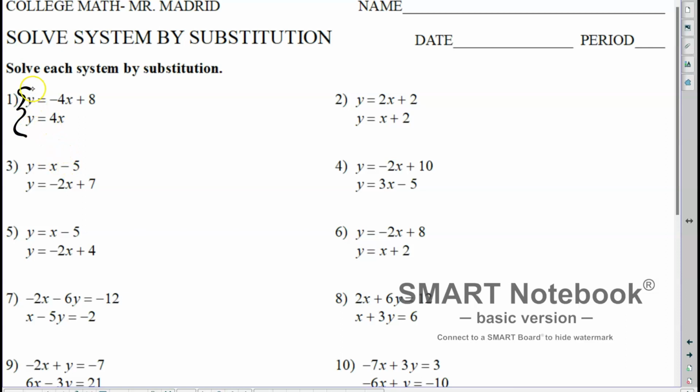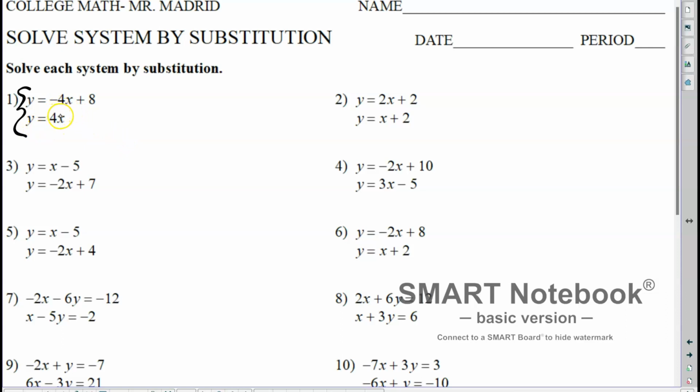To identify a system, they use that symbol, which tells you I have to deal with these together, not separately. Just like the name says, substitution will occur. In this case, y is isolated. Now that I know y equals 4x, wherever I see a y, I'll simply plug in 4x. Technically this y is also solved, so I can go either way.